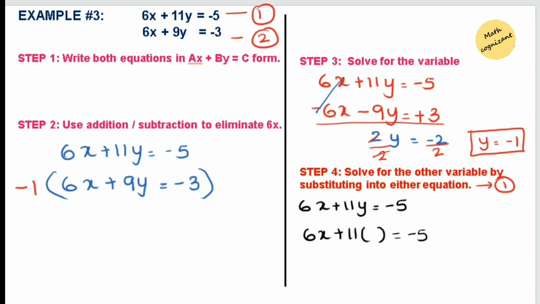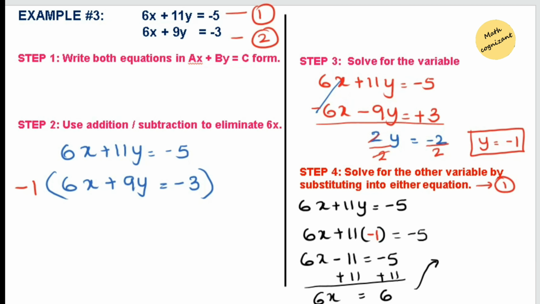Then 6x minus 11 equals negative 5. It's a subtraction equation now. We need to do the inverse operation of it. That's addition, adding 11 on both sides of the equal sign. So when you simplify it, it's left with 6x equals 6.